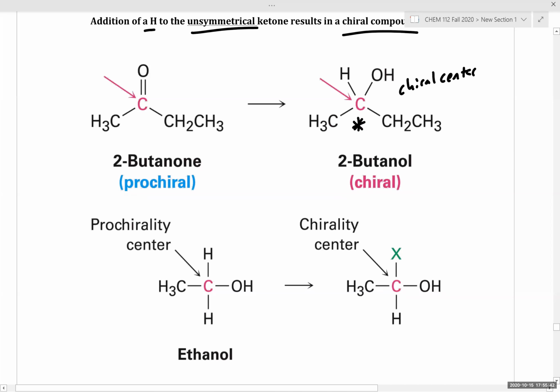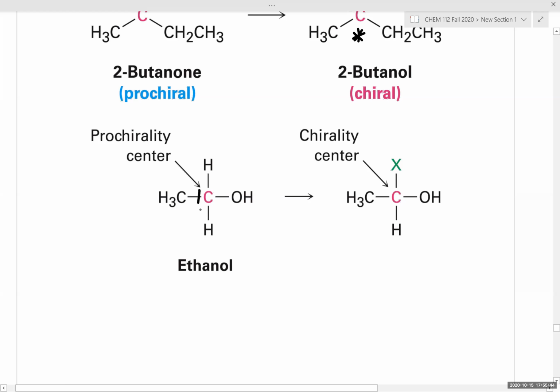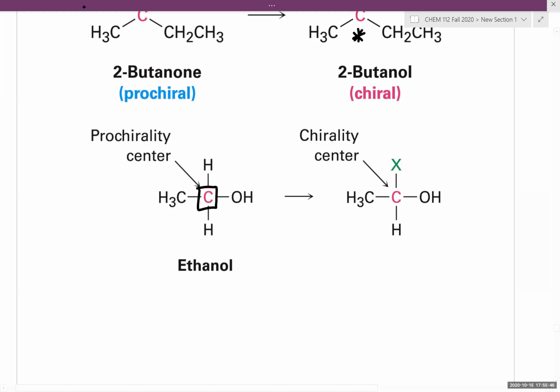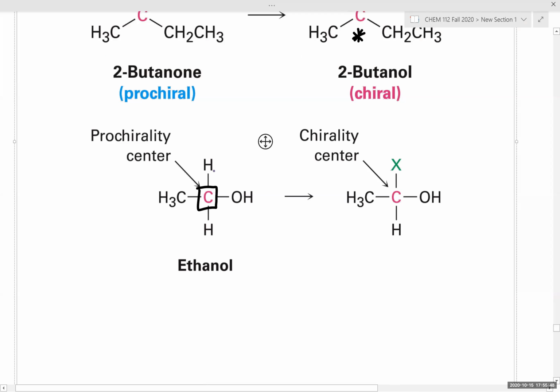So we designate a center a pro-chirality center if one or more substituents are modified, if when you modify one or more substituents, you generate a chiral center.